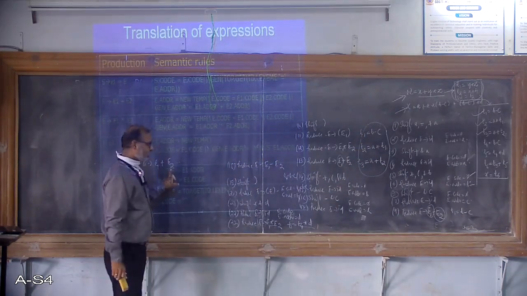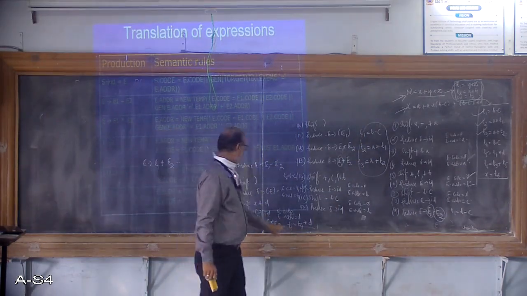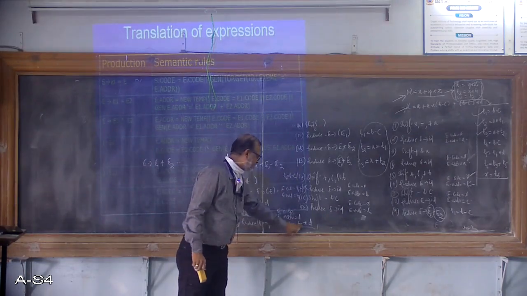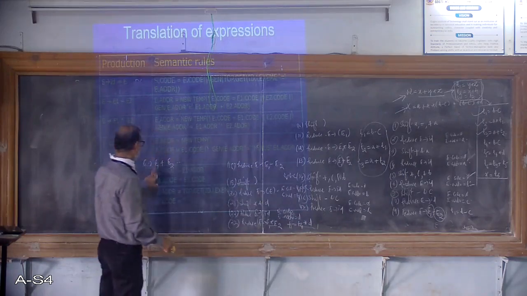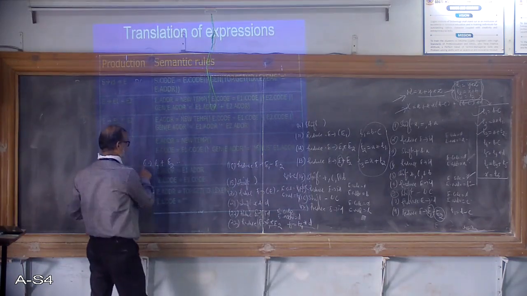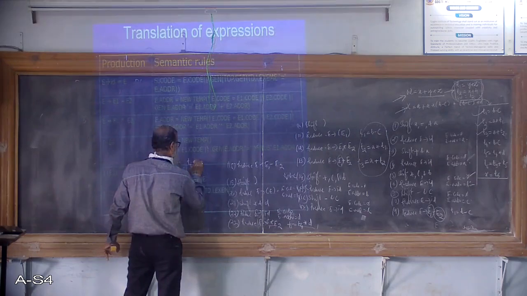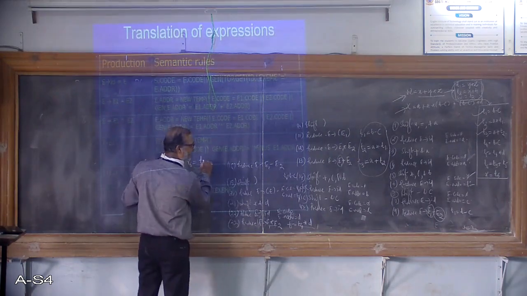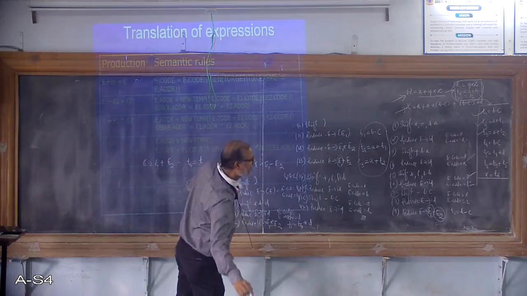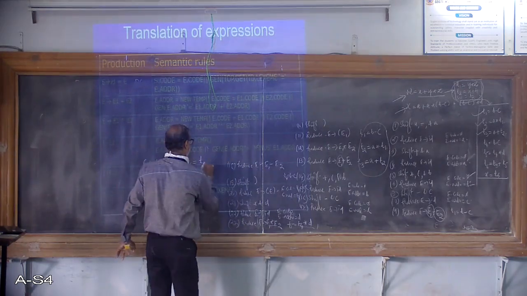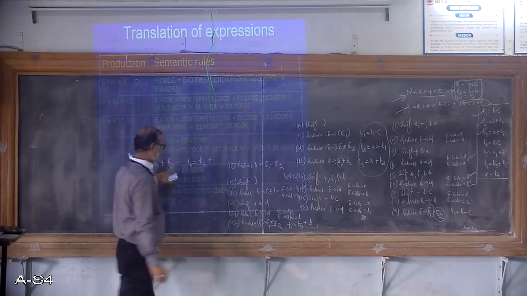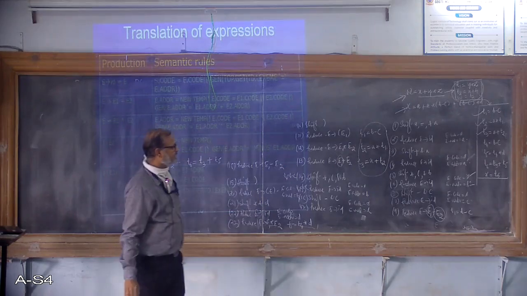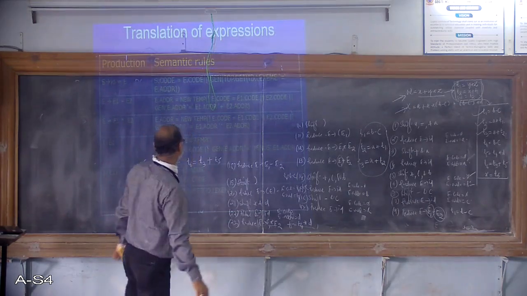Similarly, E2.address is T5, and E2.code is T4 equals B minus C, T5 equals T4 into D. Now I have to generate a new three address code. First request a temporary. My next temporary is T6 equals E1.address, which is T3, plus E2.address, which is T5. So this is the new three address code that is generated.